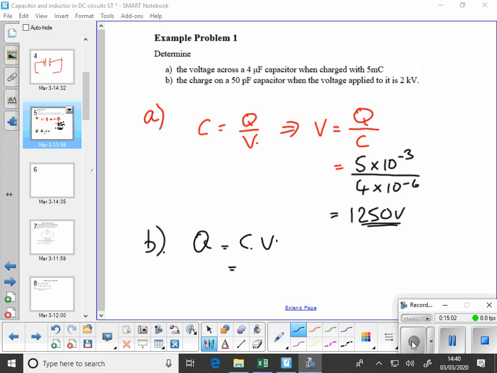So that's 50 times 10 to the minus 12 for picofarads, times 2 times 10 to the 3 for kilovolts. Which is 0.1 microcoulombs.